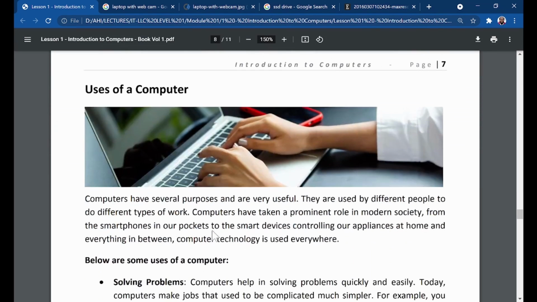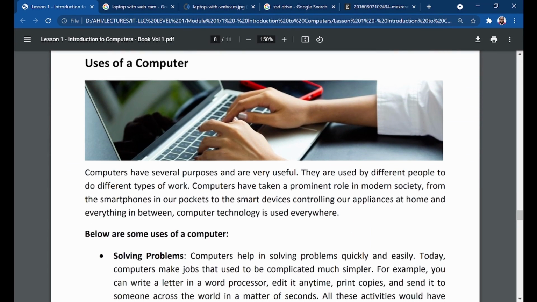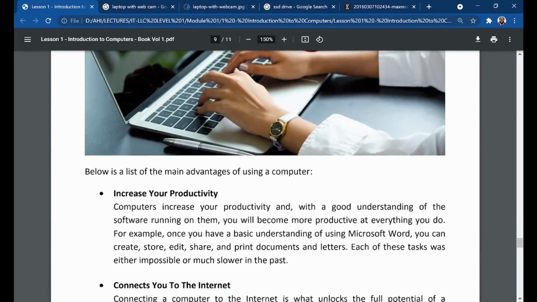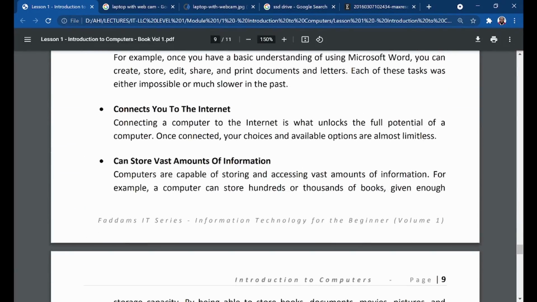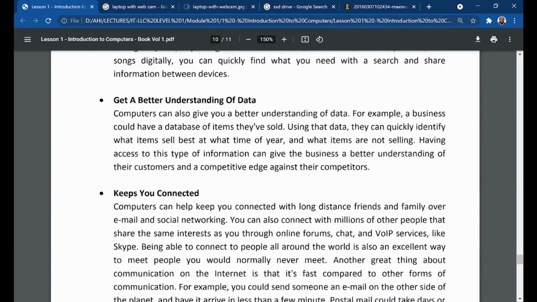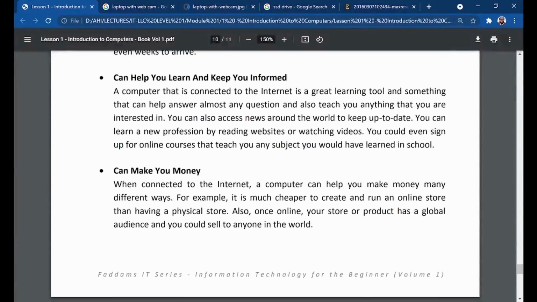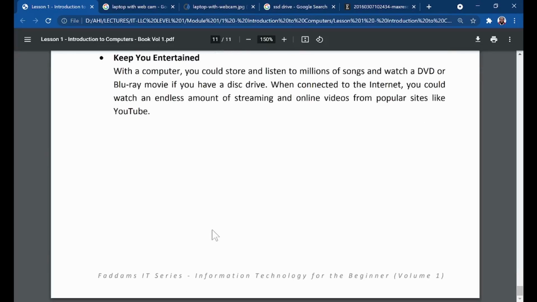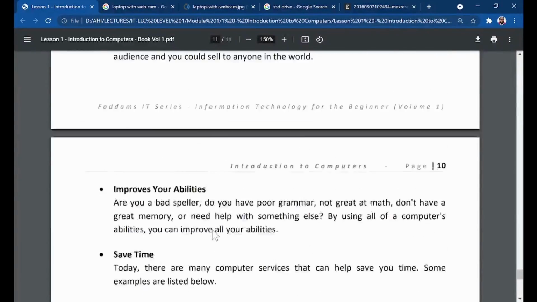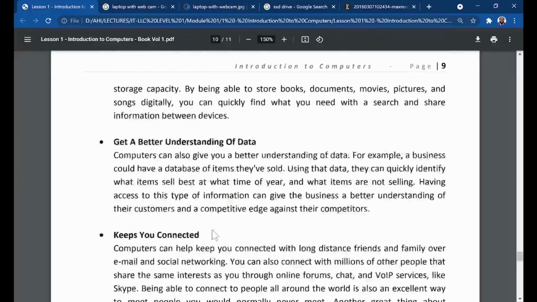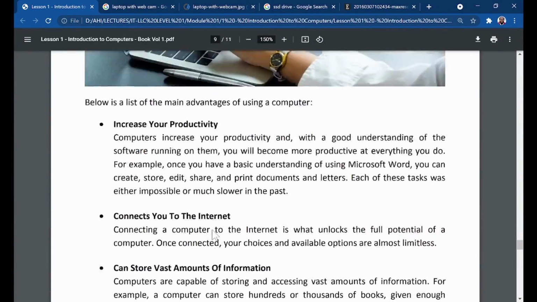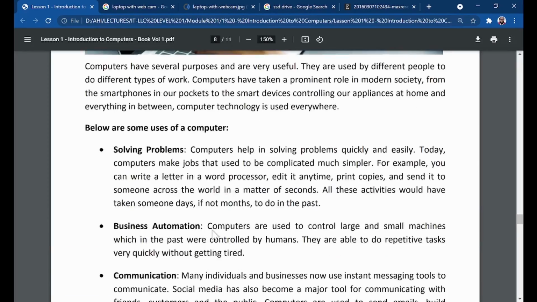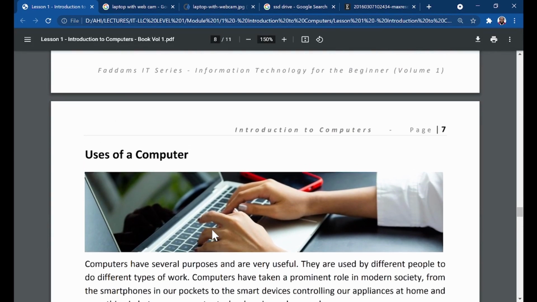All right. So for the uses of a computer, you are supposed to read this by yourself. It's not my job to read this for you. So we are done with lesson 1. We'll be taking our test now, and God willing, next time we'll move on to another lesson.